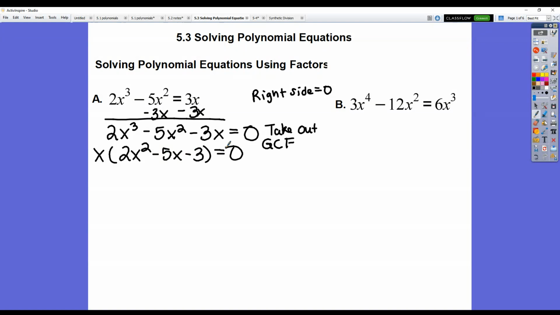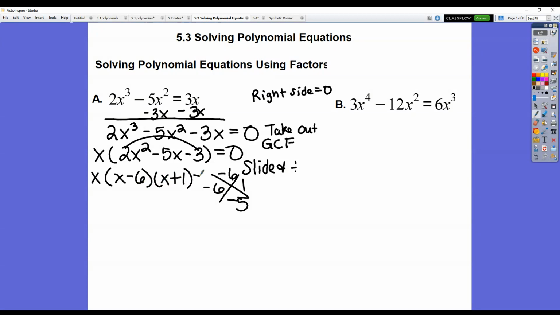And then slide and divide. So we'll multiply to negative 6, adds to negative 5, which would be negative 6 and 1. Then we divide by 2.